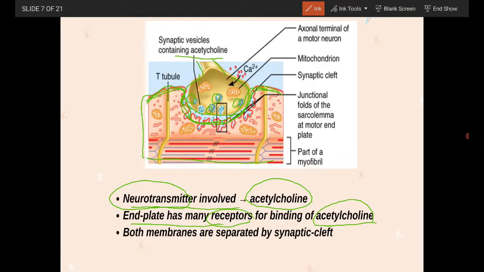And you need to know about the synaptic cleft. Synaptic cleft refers to the gap, or the junction, between presynaptic membrane and postsynaptic membrane.